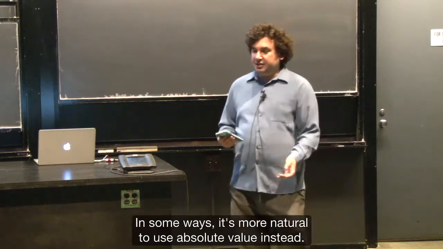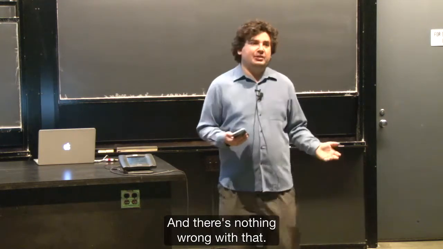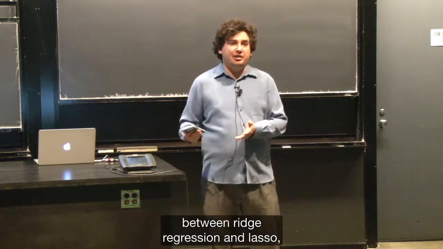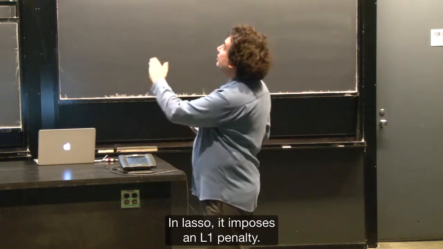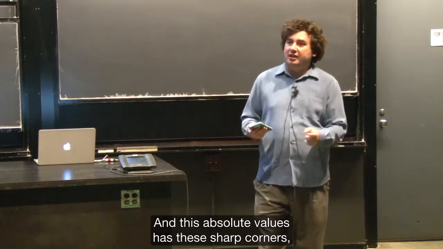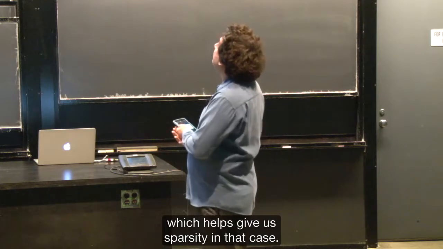In some ways it's more natural to use absolute value instead, and there's nothing wrong with that. And in fact, when we look at the difference between ridge regression and lasso, it also gets at this L1 versus L2 thing: lasso imposes an L1 penalty, and this absolute value has sharp corners, which helps give us sparsity in that case.